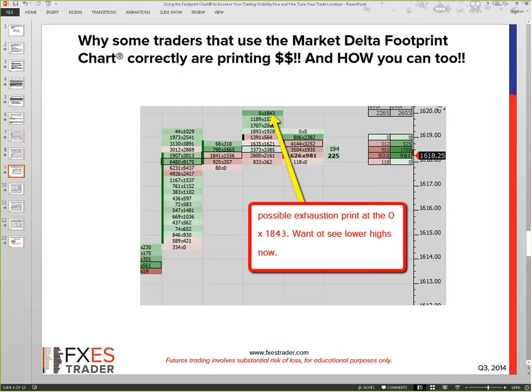And this is what I like to call an exhaustion print, okay? So if you see at the top of a given move, and granted, you're seeing an example here where the sell side imbalance was not an actual indicator. So this is an old example, but still a good point to make when you see a zero by some large number.